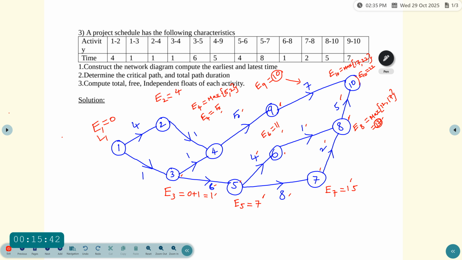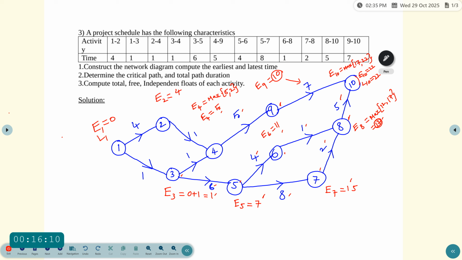Similarly, we have to find the latest time. So every latest time starts with the end value, which is L10. So always the earliest end value is equal to the latest end value. So we have to take L10 equal to 22, because the earliest end value and latest end value are always equal.